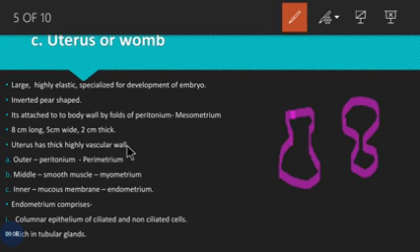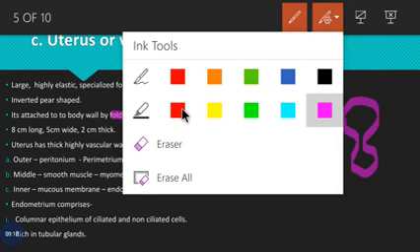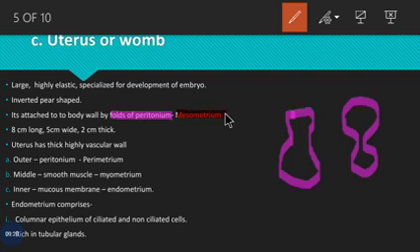This uterus is attached to the body wall by folds of peritoneum, and these are called mesometrium, right? The measurement of this uterus is 8 centimeter long, 5 centimeter wide and 2 centimeter thick. So 8 centimeter long, that means this one, right?